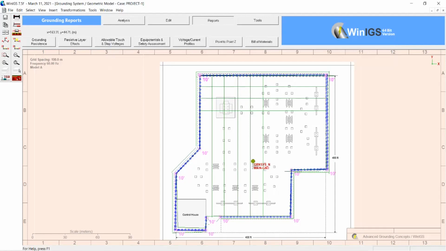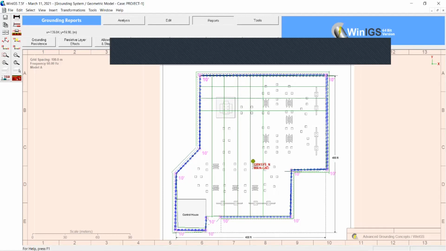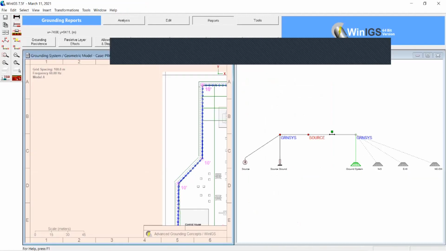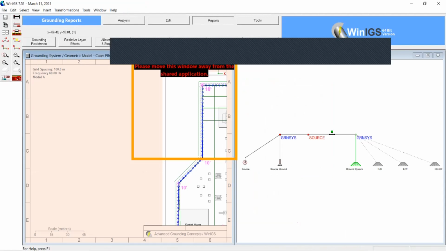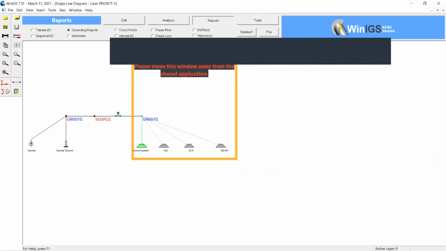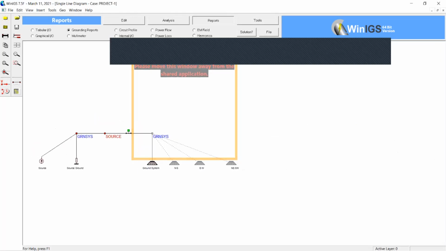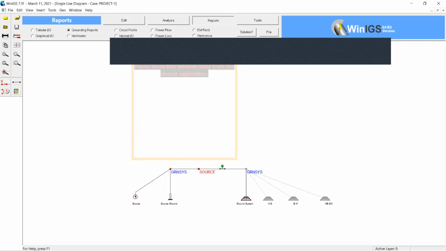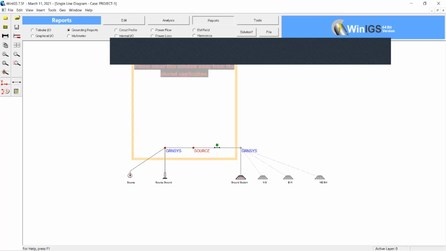Okay, so I'll do it again. I am closing it. So here we are. What I am doing here is clicking on this grounding report. Before I was here, now check this button, grounding report.